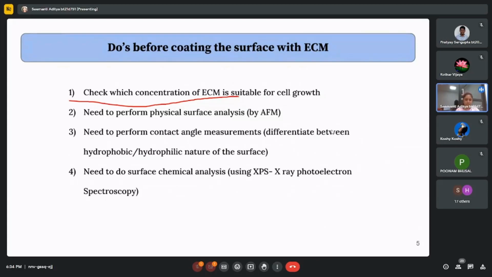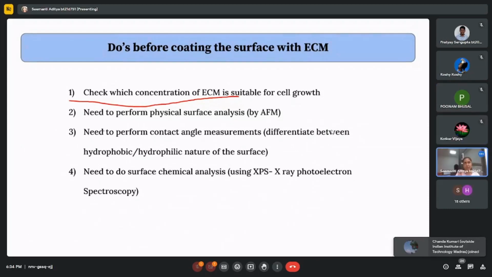Once that is standardized, we have to see the physical nature of the surface which is coated with ECM.